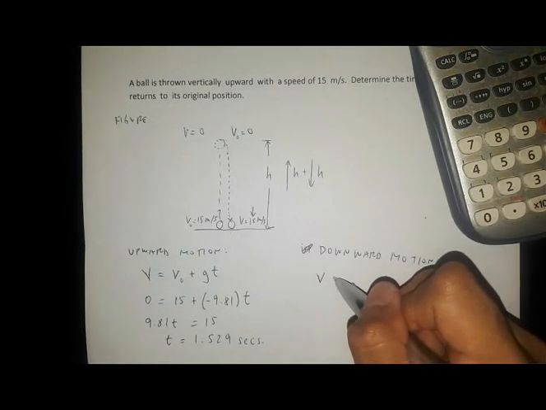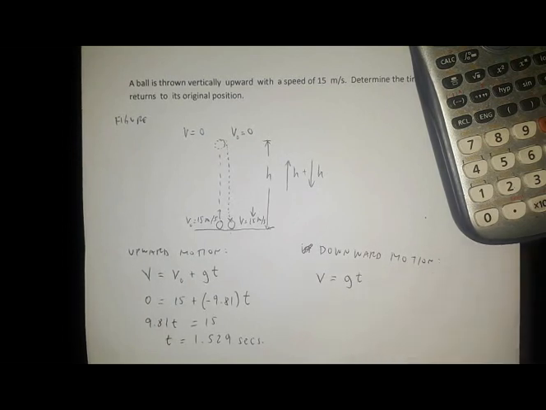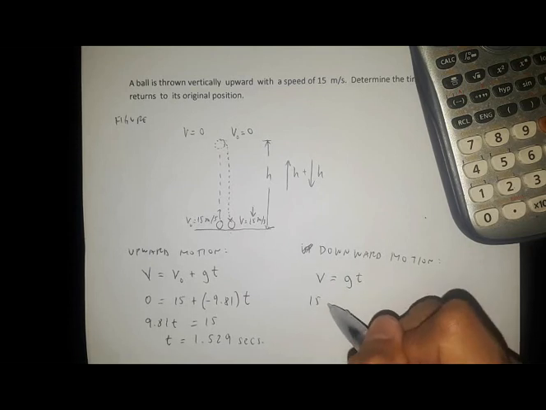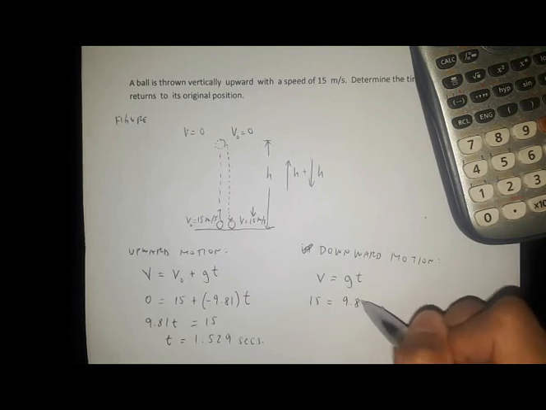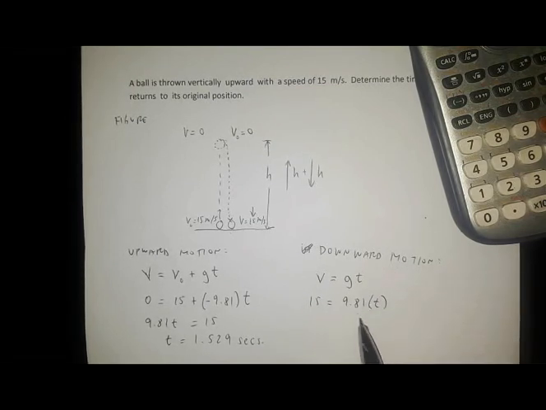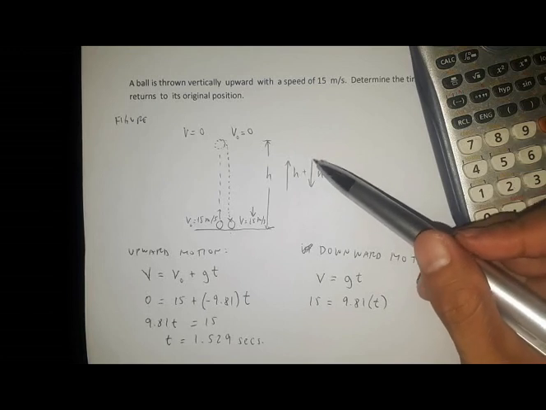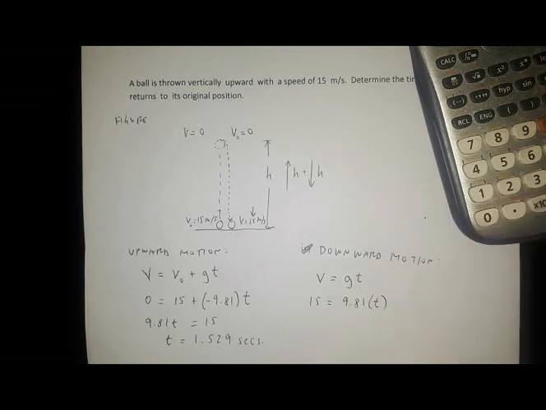So we have V equals gt, so 15 is equal to 9.81t. We use the positive sign here because the direction is towards the gravitational pull. We have t equals 1.529 seconds, same as before.